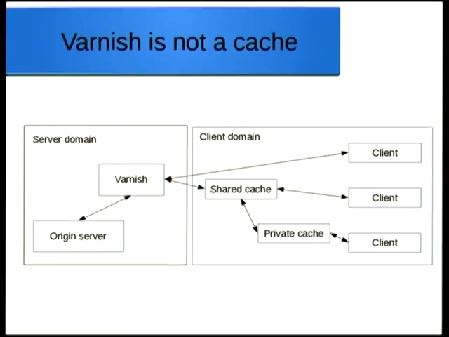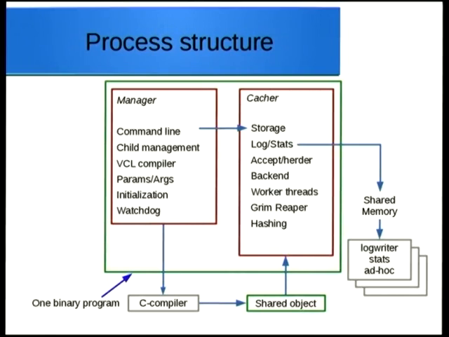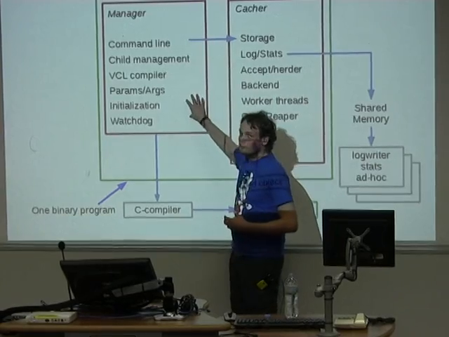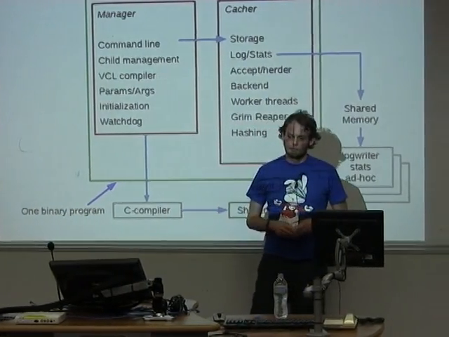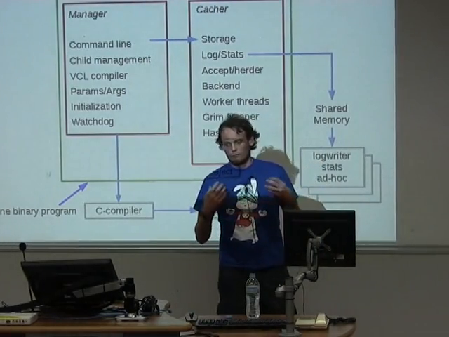Varnish's configuration is a domain-specific language. I'm going to show it in a bit, but it gets compiled to C code and then loaded into the process. Varnish consists of two processes. It has a manager process, which does the startup.